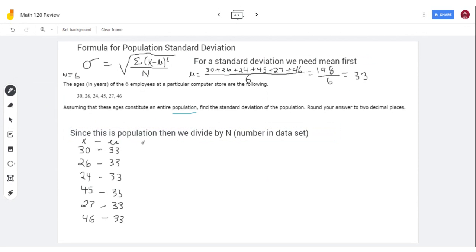So X minus mu is what we're going to put here. This is going to be -3. This is negative 7, right?